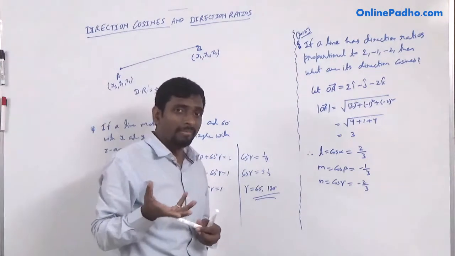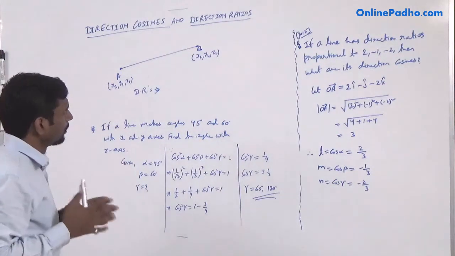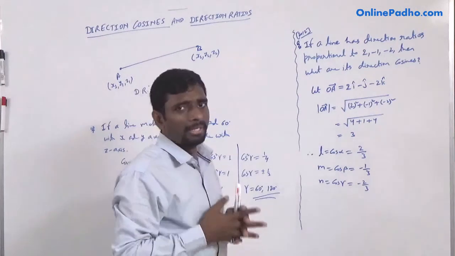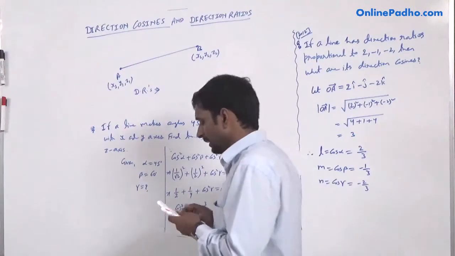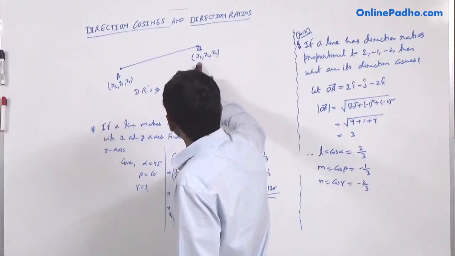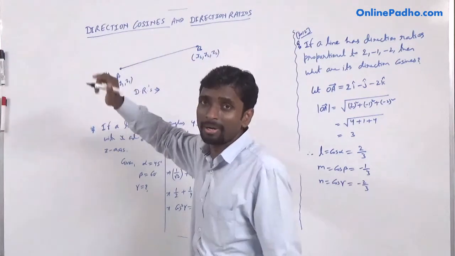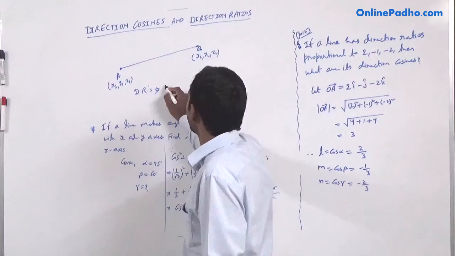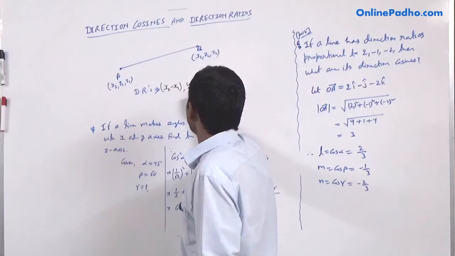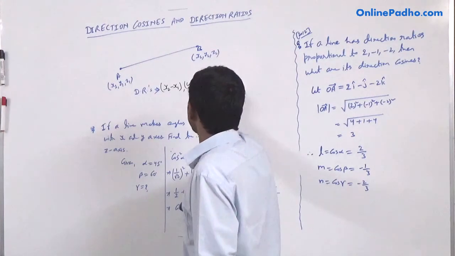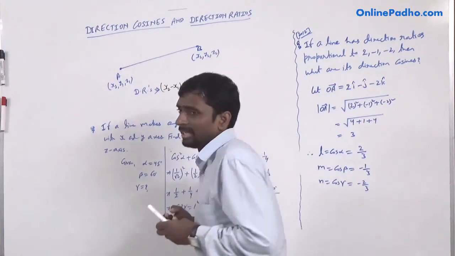Direction ratio of AB vector means the i component, j component and k component of AB vector, right? So what are the components here? We can write AB vector equal to B vector minus A vector, position vector of point B minus position vector of point A, that will be called AB vector. So we can write it as x2 minus x1, y2 minus y1 and z2 minus z1. This is called the direction ratio of this straight line.